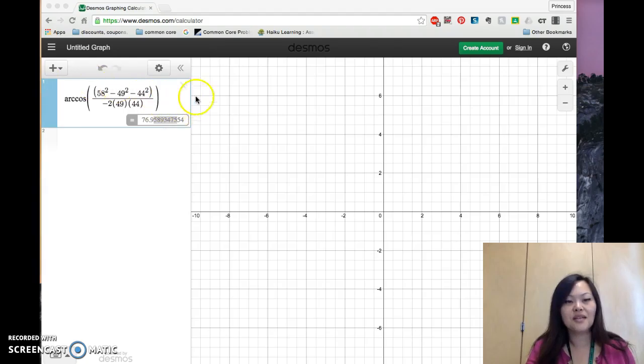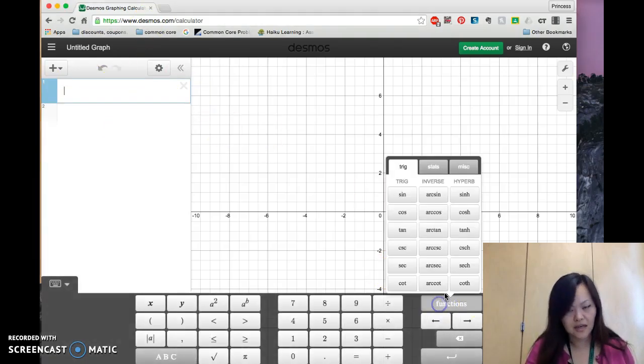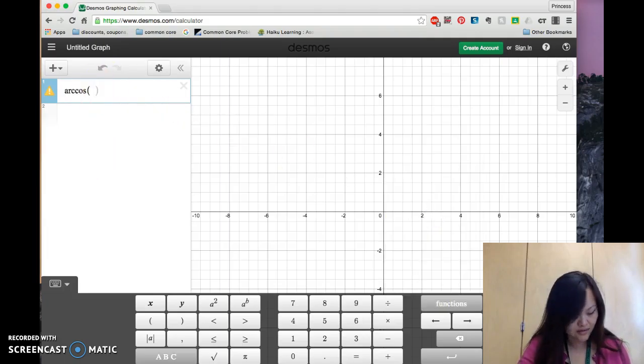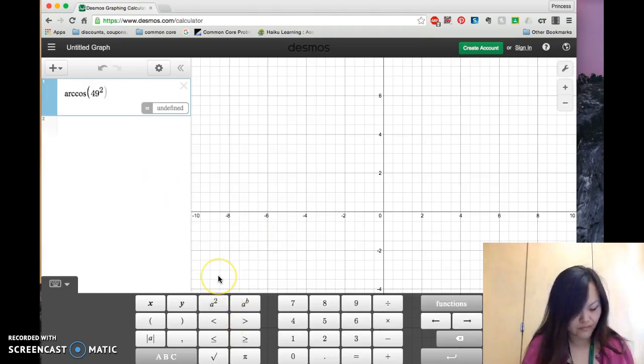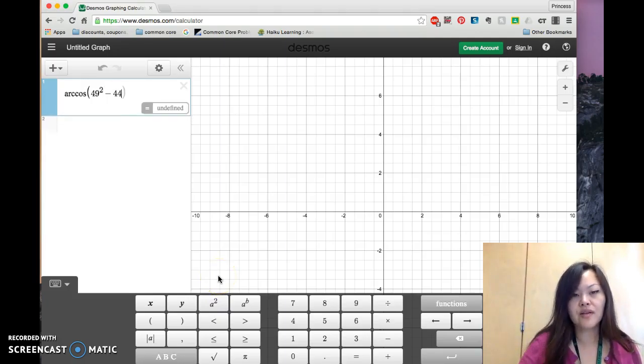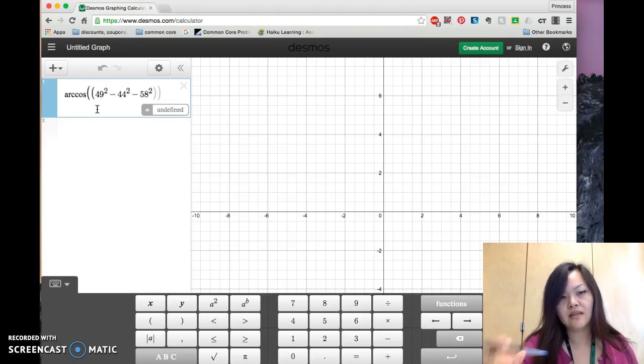So let's go into our calculator. And so that would be the arc cosine of, right? Because that's the inverse. And then we have 49 squared minus 44 squared minus 58 squared. Oh, I forgot to put another parenthesis right here because we need it.